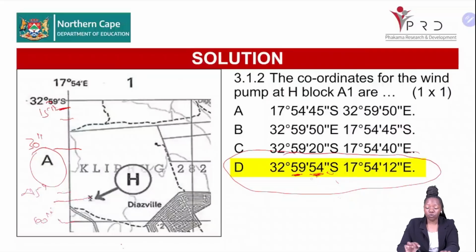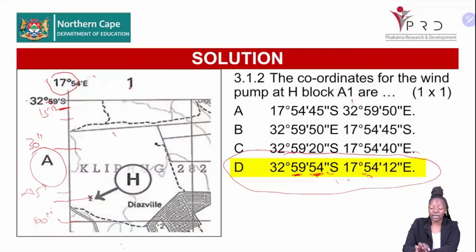We're working out our east direction now. It's 17 degrees, as you can see. Remember, the degrees do not change, and what changes are the minutes. But now, because we are at block A1, our minutes are 54. So if the minutes are 54, they do not change because we are still at number 1.